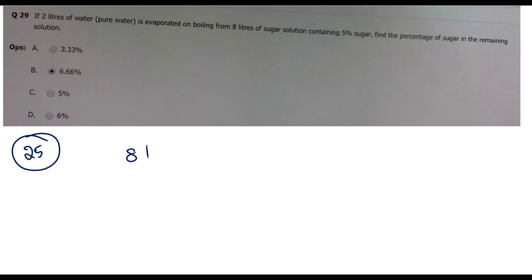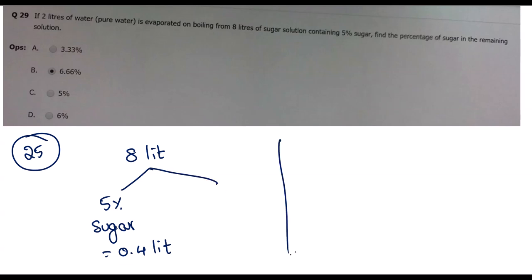Now listen, among 8 liters, 5% sugar means 0.4 liters. Remaining water it may be, fine. Now it becomes 6 liters. And also still 0.4 liters only sugar. What is that percentage is the question.